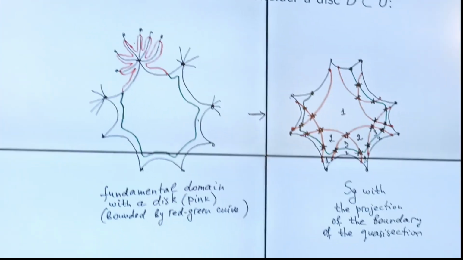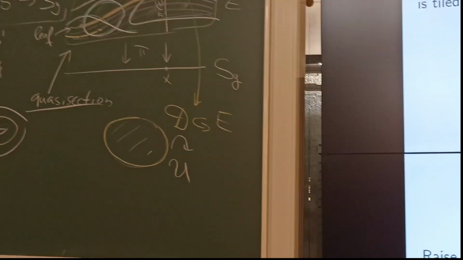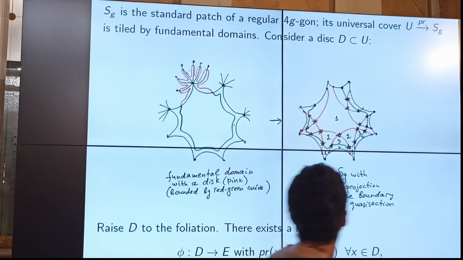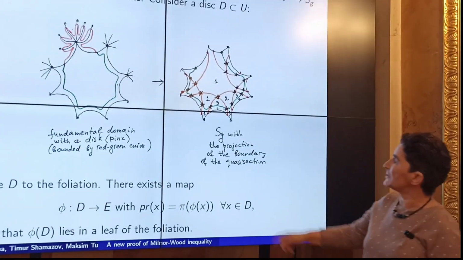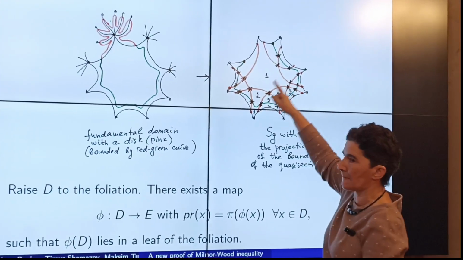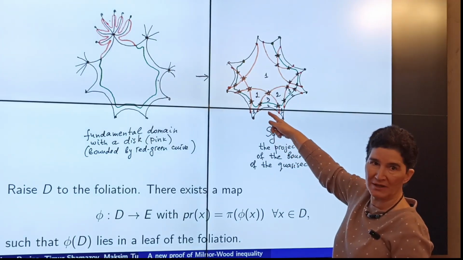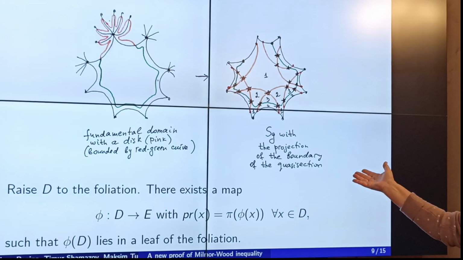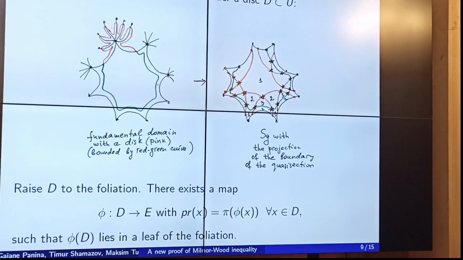Now we need to look at the self-intersections of its projection, and we arrive at a very primitive picture, like here. The red part is the base turned into a polygon, the unfolding.